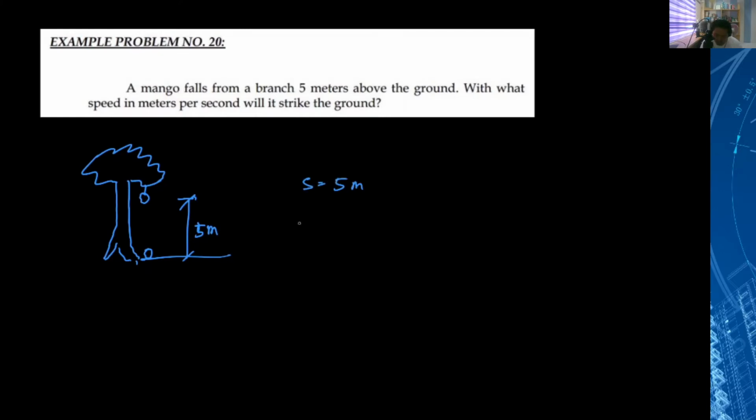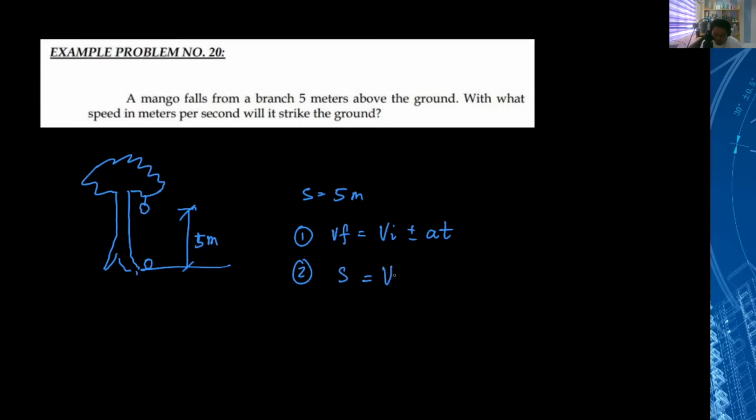So let's write first the three formulas from the previous video. If you still didn't see that, you can review the video. The first formula is Vf equals velocity initial plus or minus acceleration times time. The second formula is S equals velocity initial times time plus or minus 1/2 AT squared.